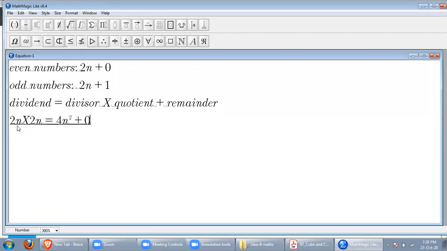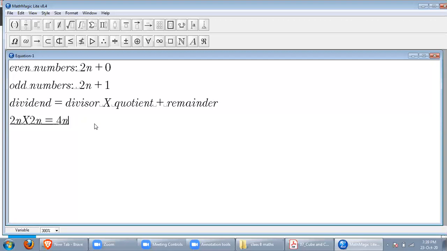So when I multiply an even number by itself, it becomes a perfect square. 4n square means n square is the quotient, 4 is the divisor, and 0 will be the remainder.